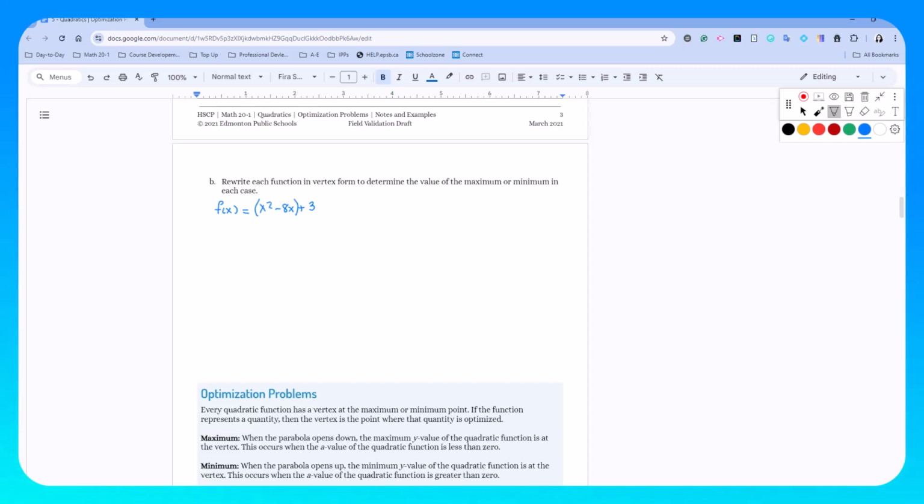Well, the a in this case is 1, so we're done. The next step is to take half of the b value, divide by 2, and square it. Well, the b value here is 8, so we're going to say x squared minus 8x. Half of 8 is 4, or if you want, you can write it like this, and we're going to square it, and then we're going to subtract it.